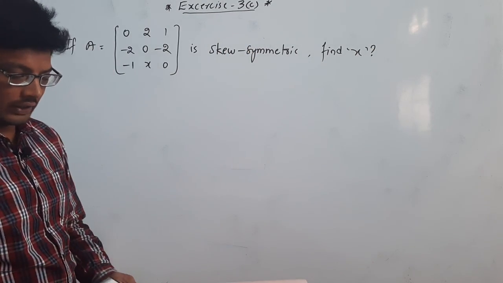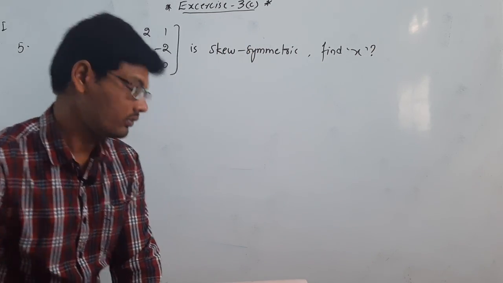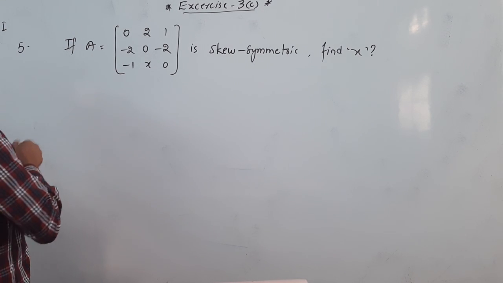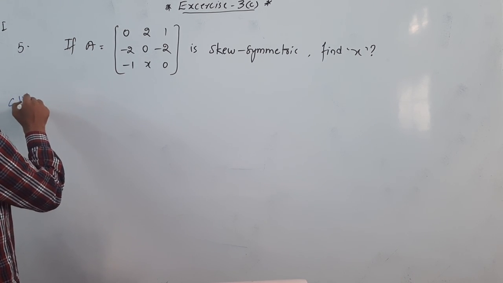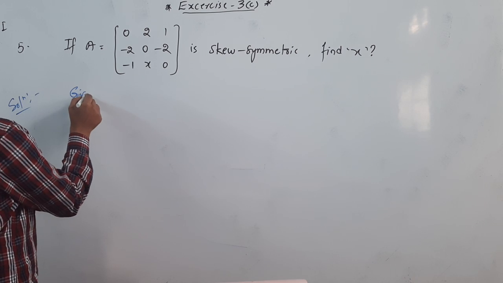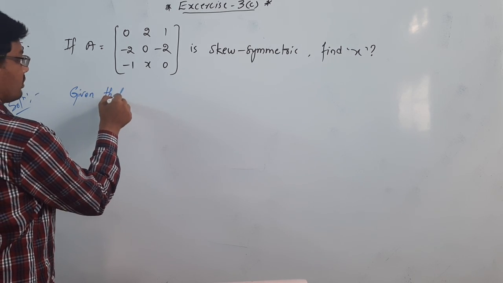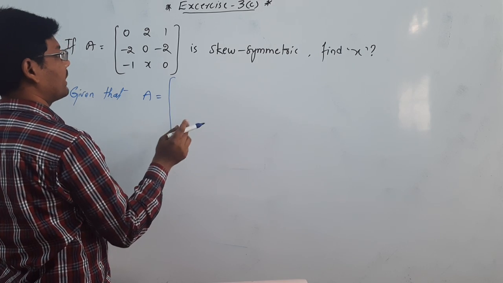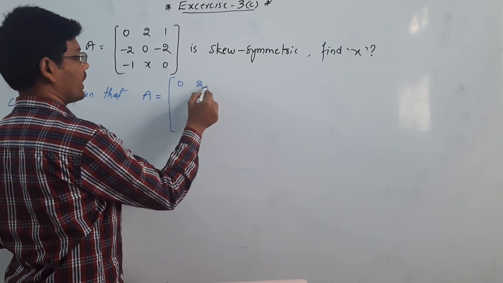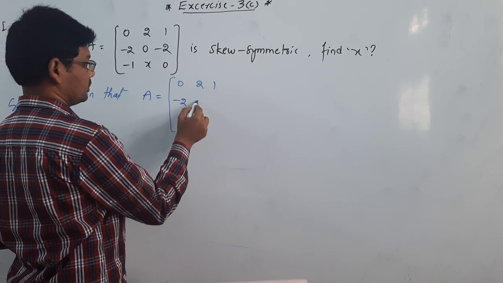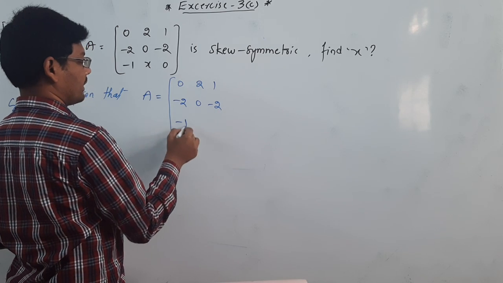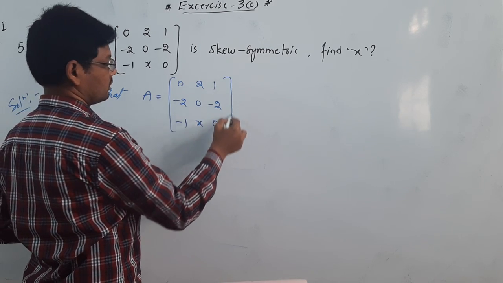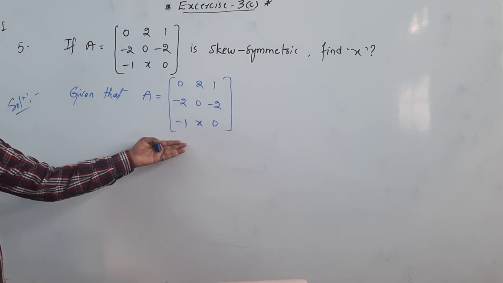This is the question, and the solution is: A is a 3 by 3 matrix, 0 2 1 and minus 2 0 minus 2 and minus 1 x 0.